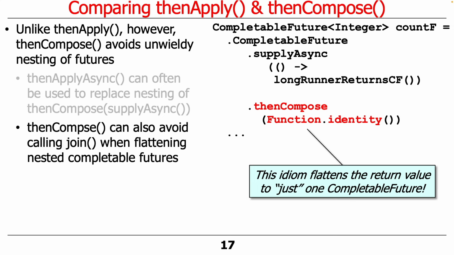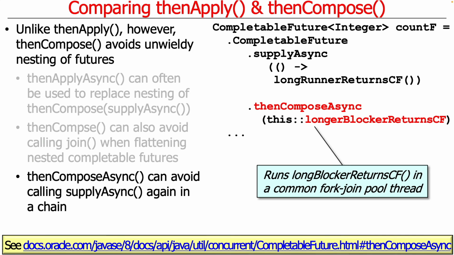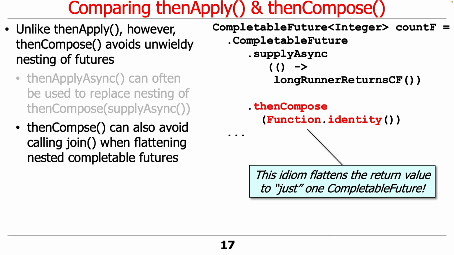And I forget when I stumbled upon this clever trick, but it is pretty cool, and there are situations where it helps you out to avoid having completable futures to completable futures. So function identity, again, can be used to help denest or flatten these results. Perhaps an even more effective way to do it, instead of doing this, is to, well, I'd like to take it back. That's one solution.